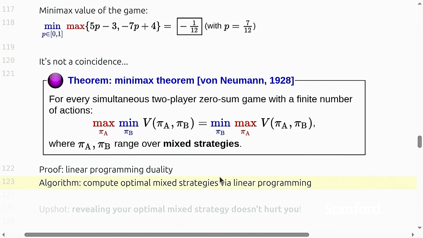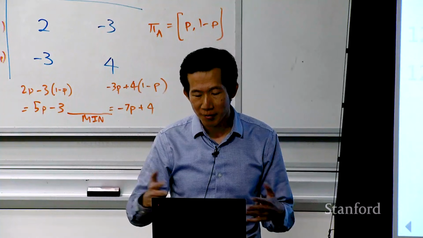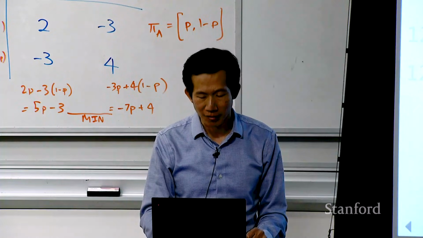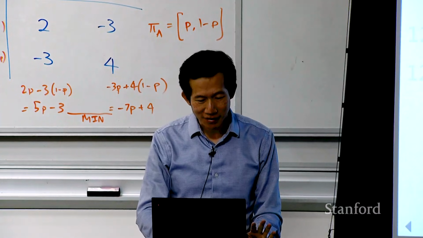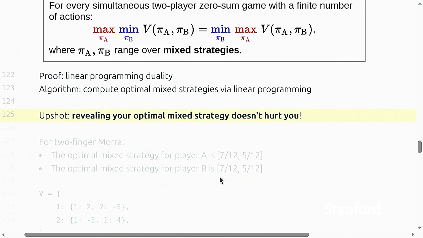So we just solved the linear program manually for this example, but you can solve this for any payoff matrix and any number of actions. But the upshot of all of this is that revealing your optimal mixed strategy doesn't hurt you.